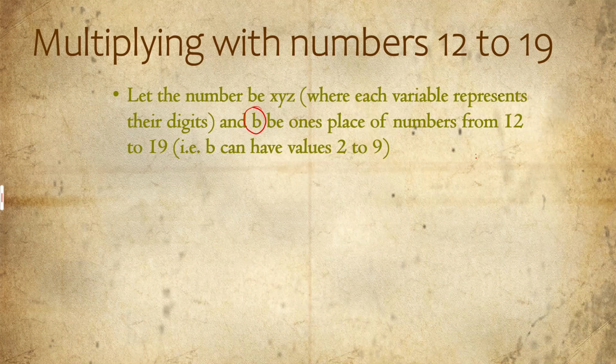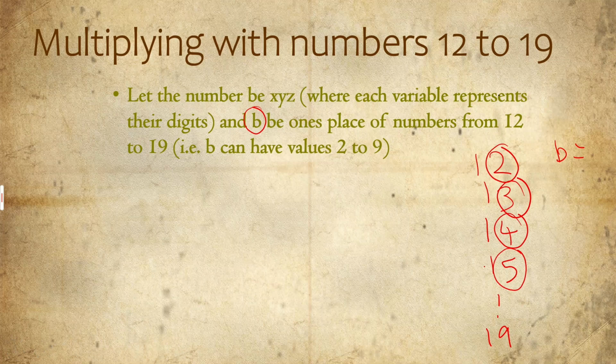What this basically means is that for 12, 13, 14, 15, so on till 19, b equals their ones place. That is 2 in case of 12, 3 in case of 13, 4 in case of 14, 5 in case of 15, so on till 9 in case of 19. So basically, b can have values from 2 to 9.